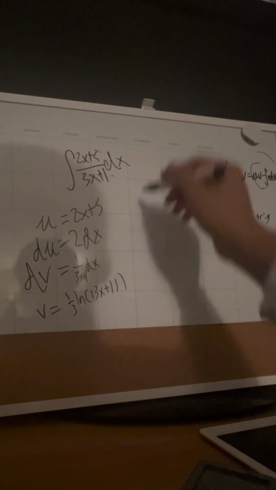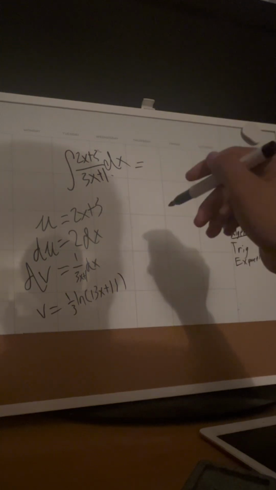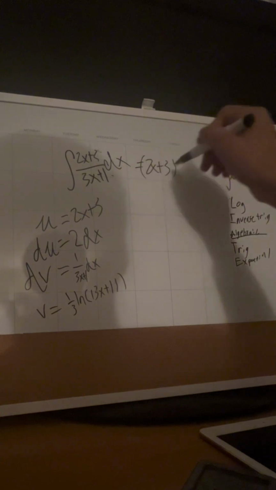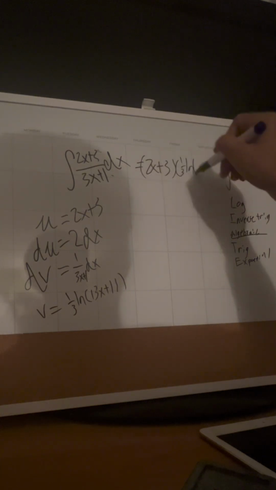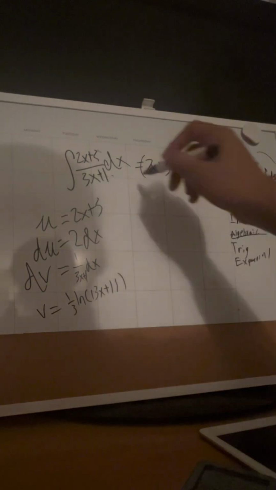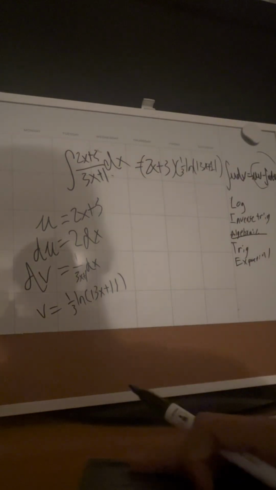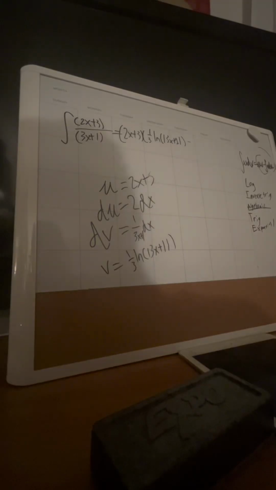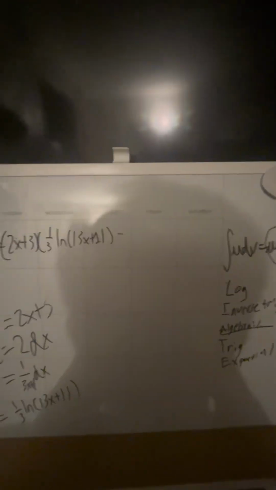So this is equal to u, which is 2x plus 3, times v, which is 1/3 ln of 3x plus 1, minus the integral of v du.